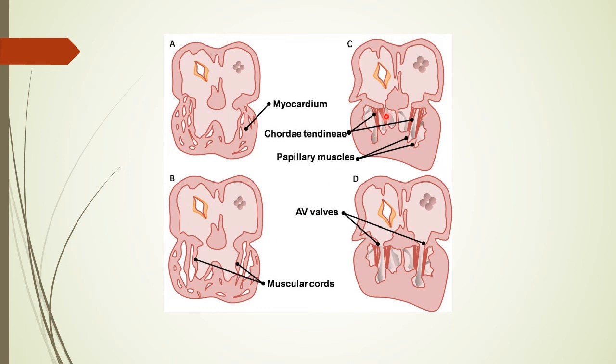And you can see in this diagram, these cusps of the atrioventricular valves are being formed, and the proximal parts of the muscular cords or the trabeculae remain as papillary muscles, and these papillary muscles are obviously part of the wall of each ventricle.